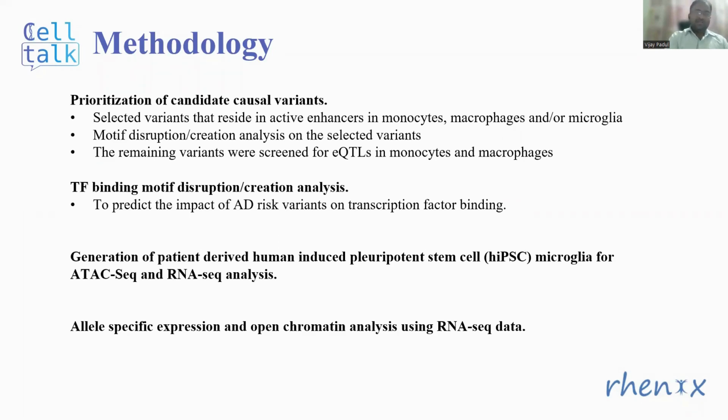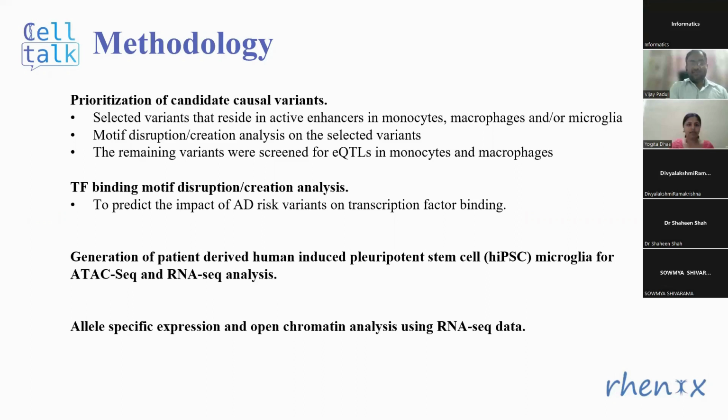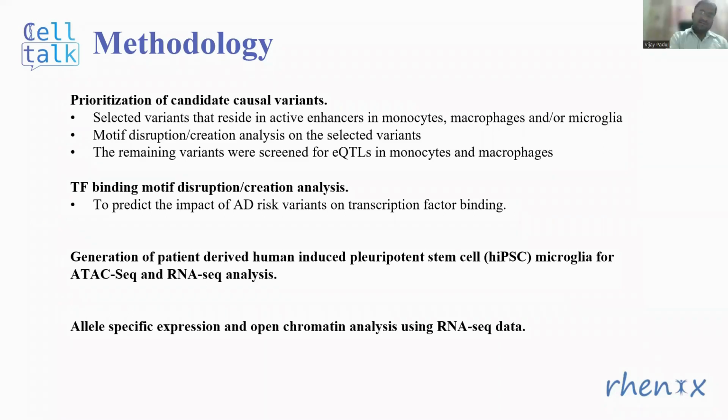Then at the next step, they generated the patient-derived human induced pluripotent stem cell microglia for ATAC-seq and RNA-seq analysis. And they use this HIPSC microglia for the validation of one of the variants that they have discovered by using ATAC-seq and RNA-seq analysis. And at the next step, they do allele-specific expression and open chromatin analysis using the RNA-seq data.